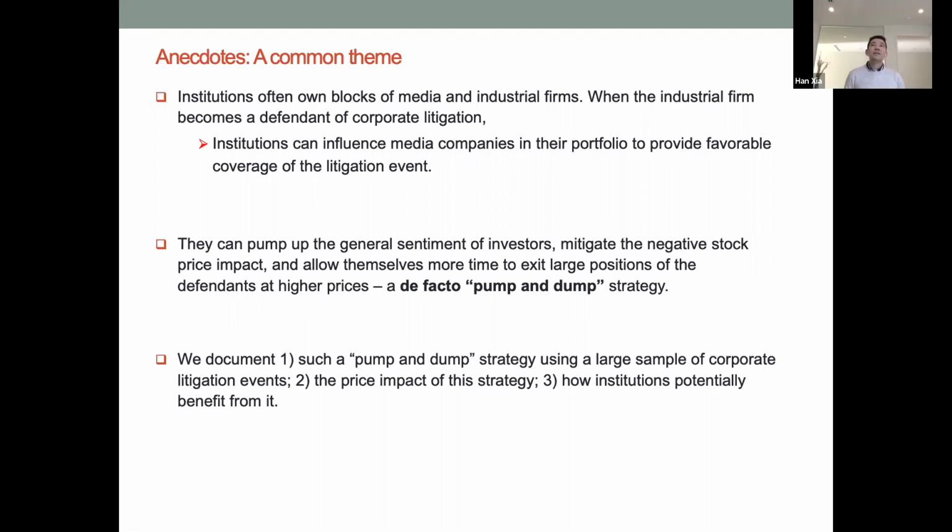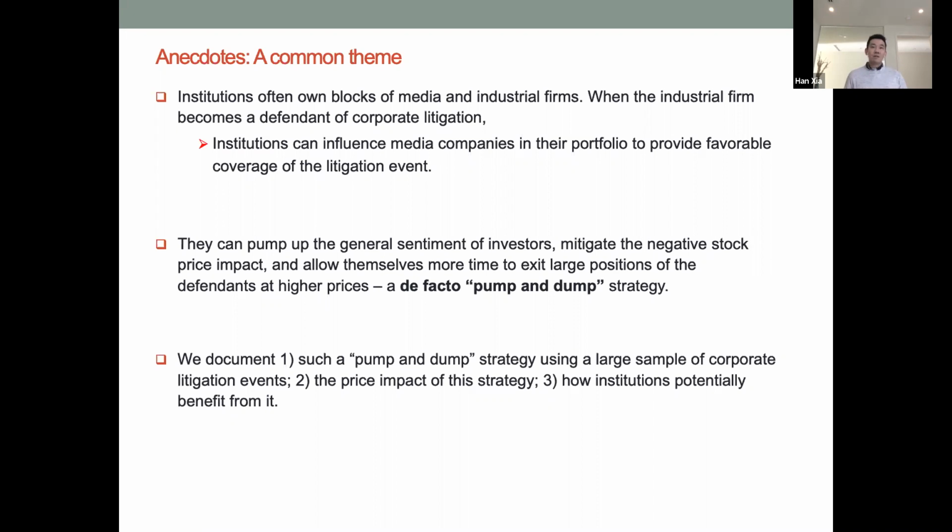Well, this is why we call this strategy a de facto pump and dump. At least in our opinion, there's nothing wrong the institutions or the media are doing. All they do is provide more favorable coverage of the litigation event, and this is particularly possible given that media content is usually more subjective.